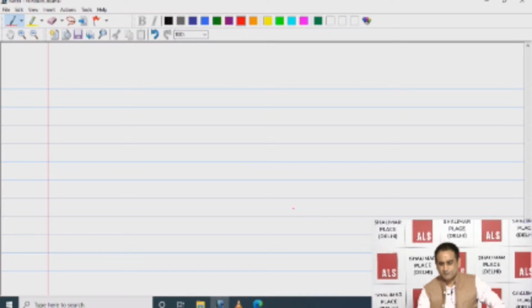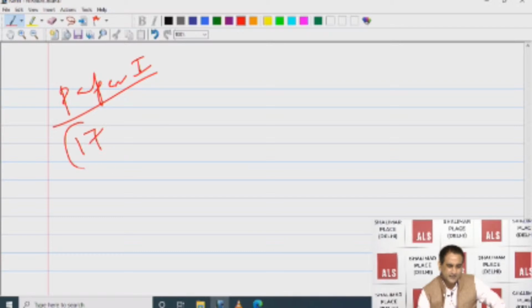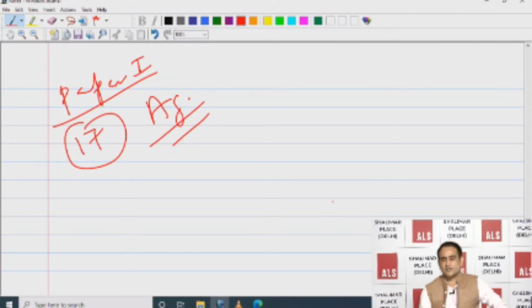Suppose, second example, in Paper 1 only, in chapter 17, they have mentioned agriculture in the 13th and 14th century.